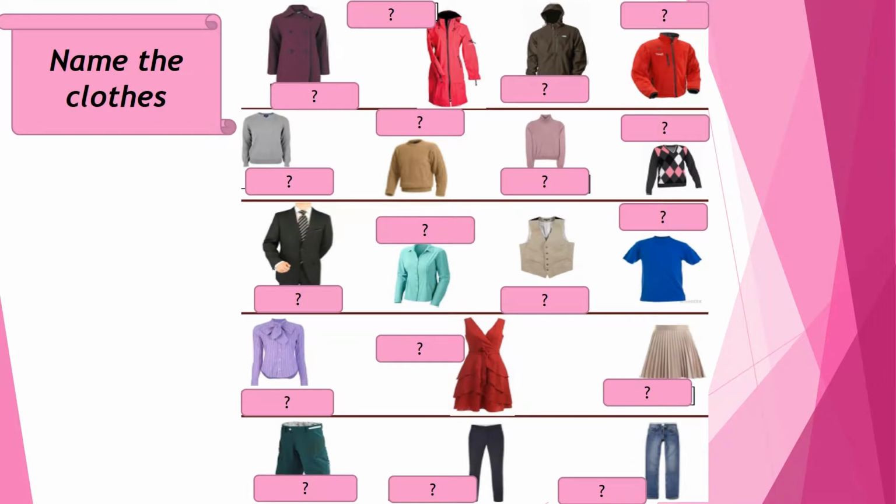Now you have to name the clothes. What is the first cloth? It's a coat. And here is a raincoat. Then we have an anorak. Here is a jacket.